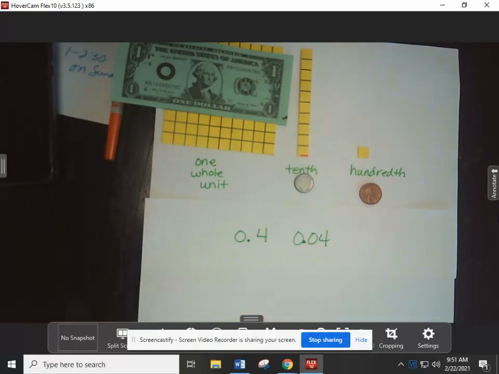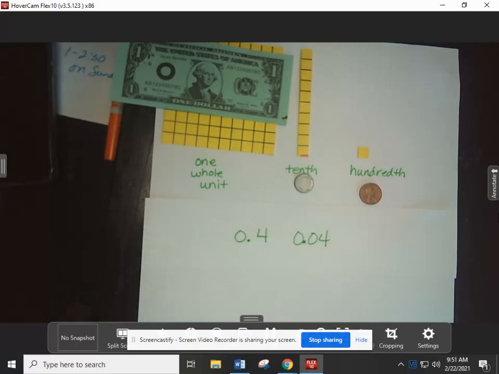I wrote some decimals. What do I mean by these? Thinking right now. Got a few hands in the air.